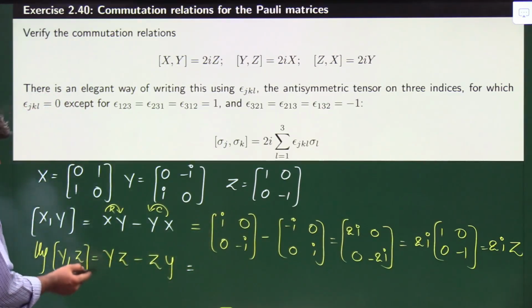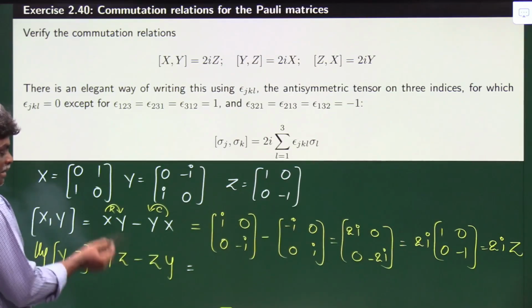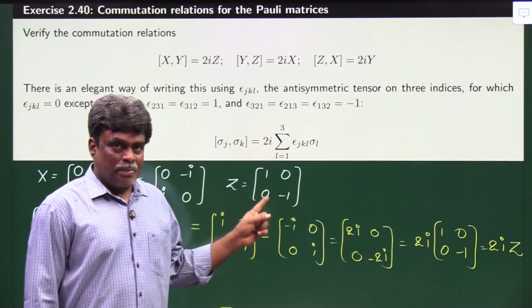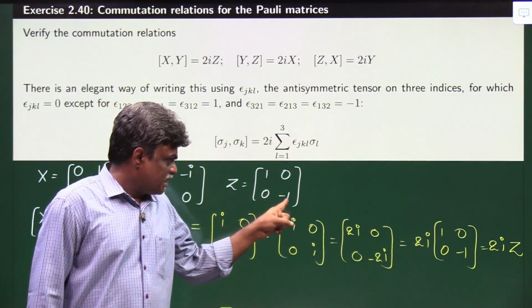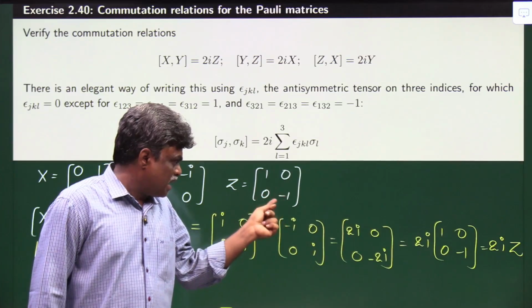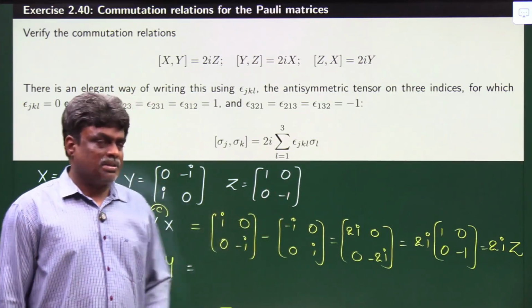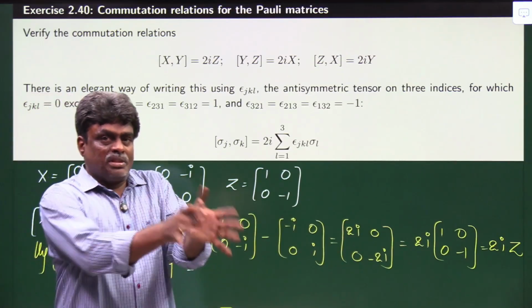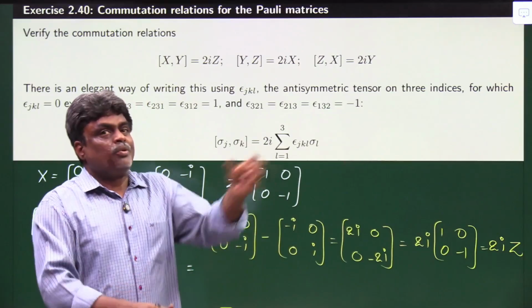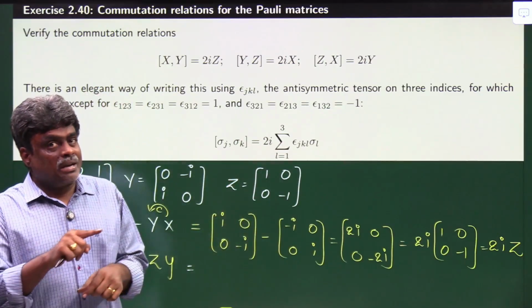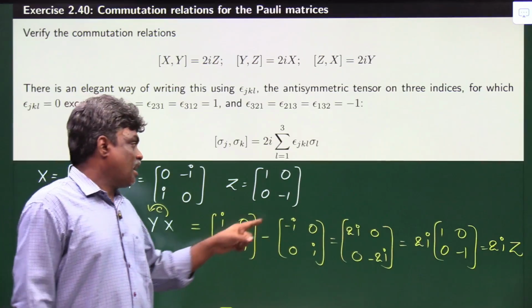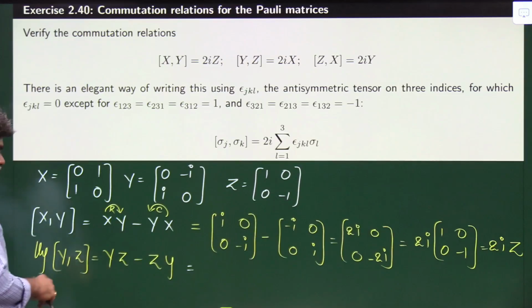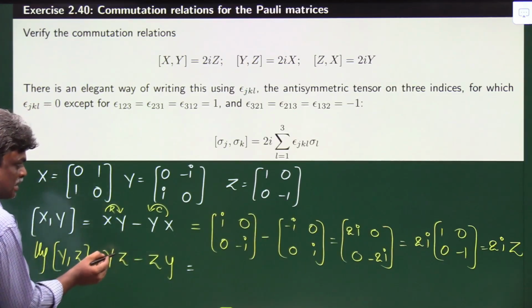See, now instead of Y, it's better to take Z, because Z is similar to identity, but here the second row or second column has a negative sign. So whenever you multiply any matrix with Z, you will get the same matrix, but the second row or second column is multiplied by minus. More clearly I explained that in that video, so if you have time, please see.